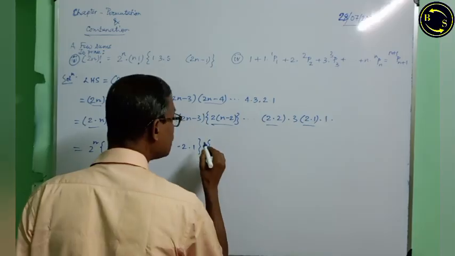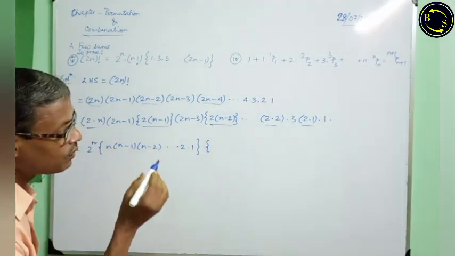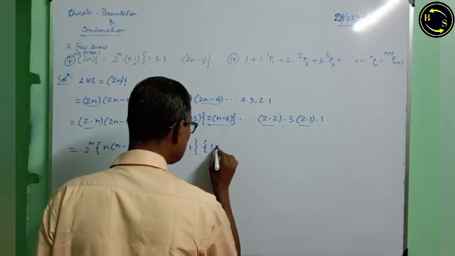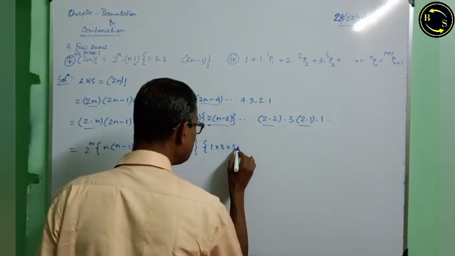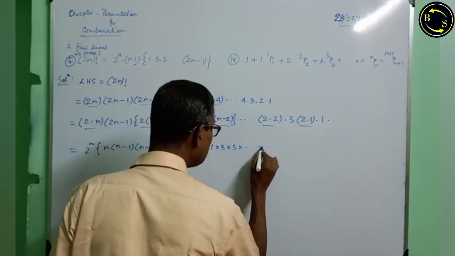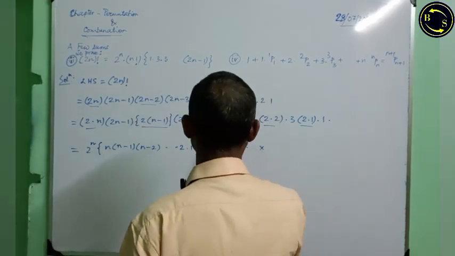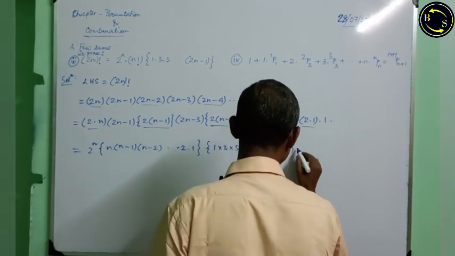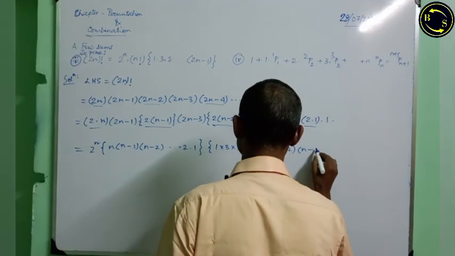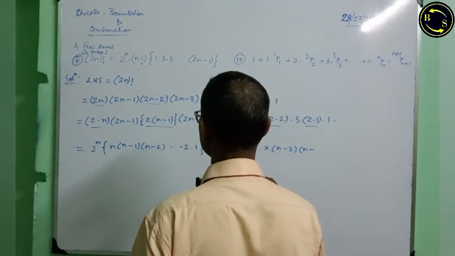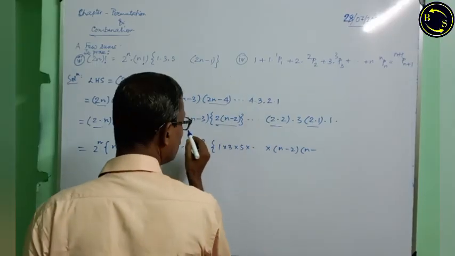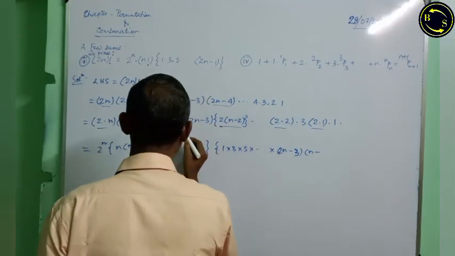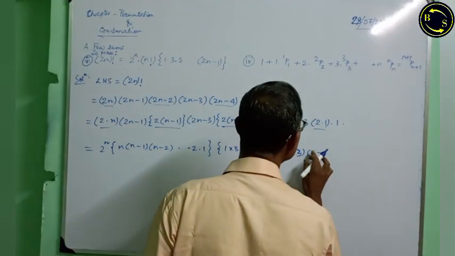That means if I start from 1, that means ascending order, 1 into 3 into 5 into dot dot dot into, from this 2n minus 3, then 2n minus 1.